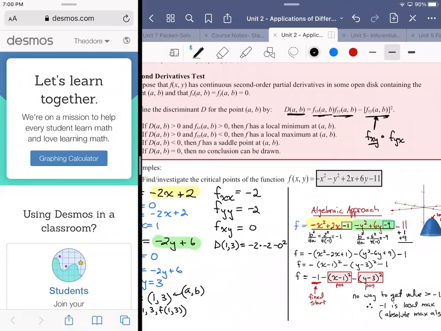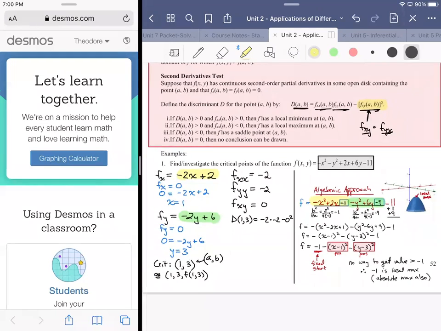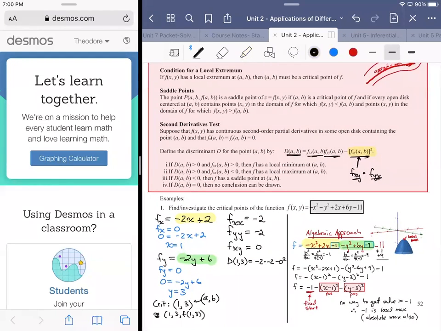But since we know in a continuous function, and in order to have a local max or a local min, it has to be upon a continuous domain, we can assume that f sub xy and f sub yx would be the same. We're allowed to write this as the quantity squared, right? So I figured somebody's got to be wondering that, so why not just throw that in there? All right, so a little taste of what's to come.